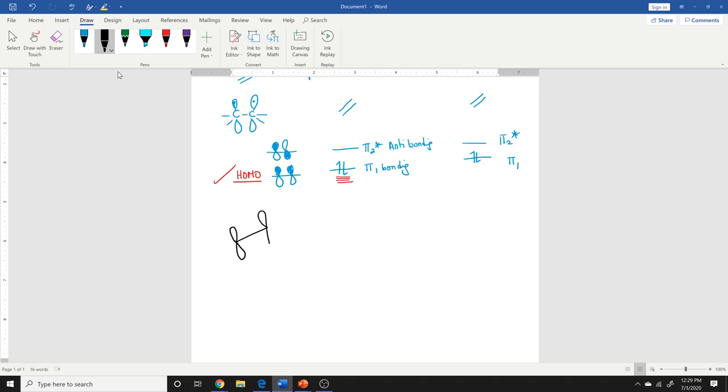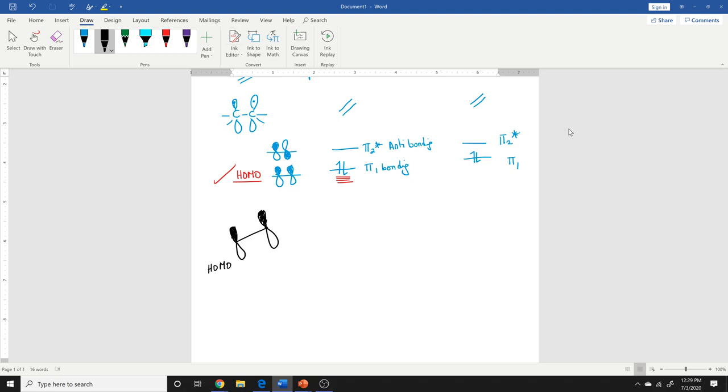Now we're seeing if there's a reaction between the 2 ethenes in order to make the cyclobutane. So these are my 2 ethenes over here, and this is my highest occupied molecular orbital of one ethene. Now I want to look for the lowest unoccupied molecular orbital for the second ethene, and the lowest unoccupied molecular orbital is going to be pi 2 star for the second ethene.